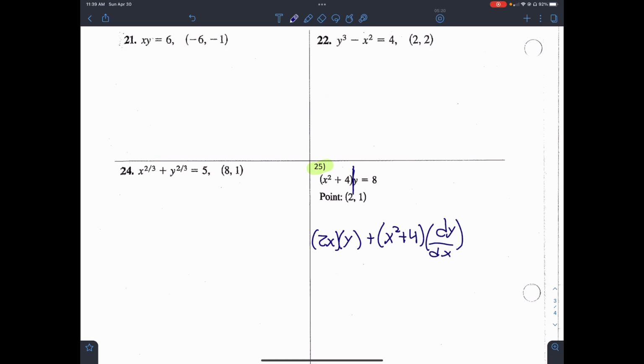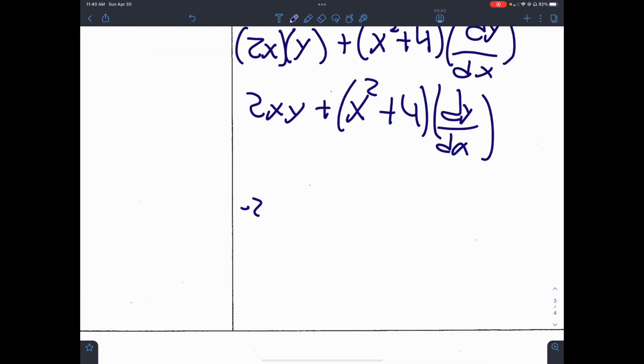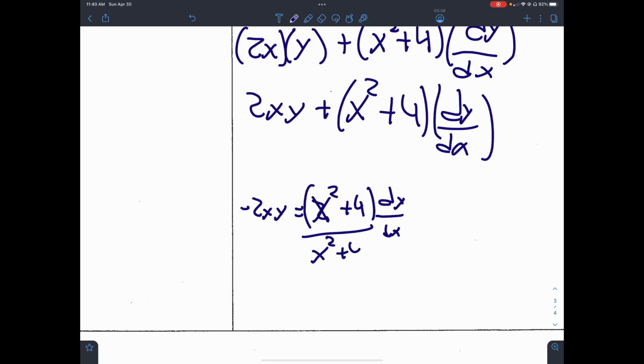And then this would be just 2xy plus x squared plus 4 times dy dx. So we'll set this equal, so we'll say negative 2xy is equal to x squared plus 4 times dy over dx, divided by x squared plus 4.